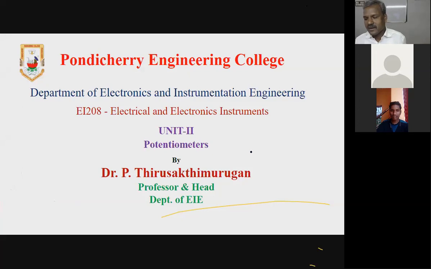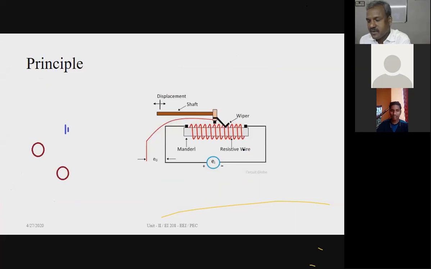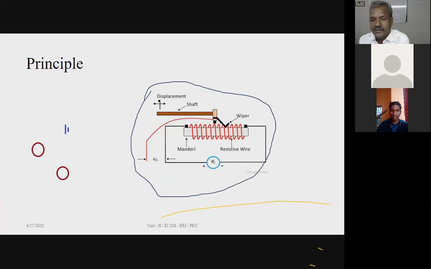We already studied potentiometers in our sensors and transducers subject. What is basically a potentiometer? It is a sensor, a transducer, and this transducer has 3 terminals. The input is excitation, and the output is voltage.